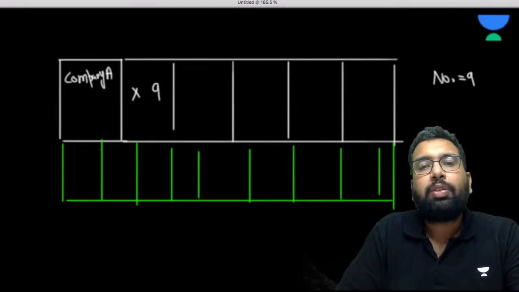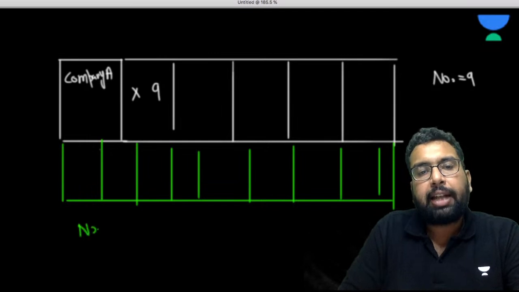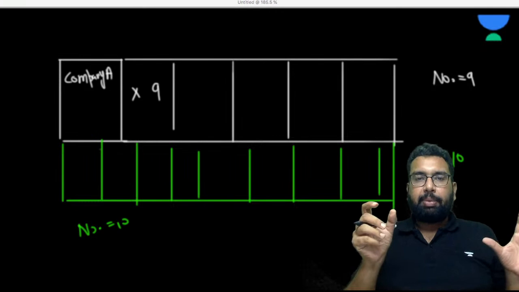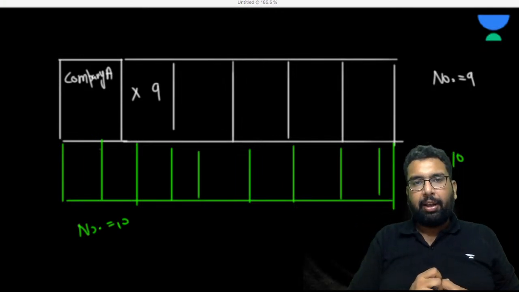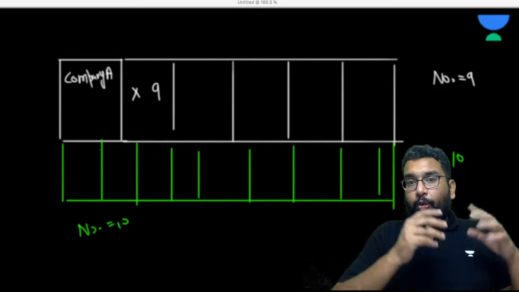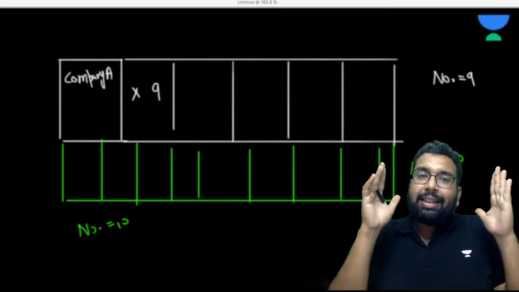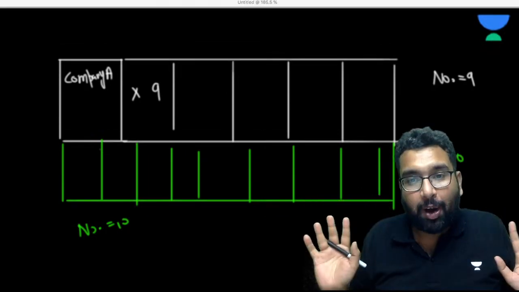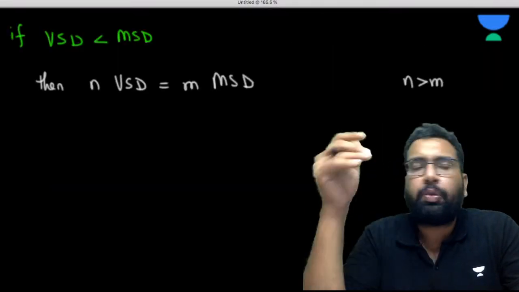Because each of the company B chocolate is 9 centimeter. So what happens here? When you are taking 9 company A chocolates, that is equal to the 10 company B chocolates. Similarly, now please write, I think after this it would be clear.